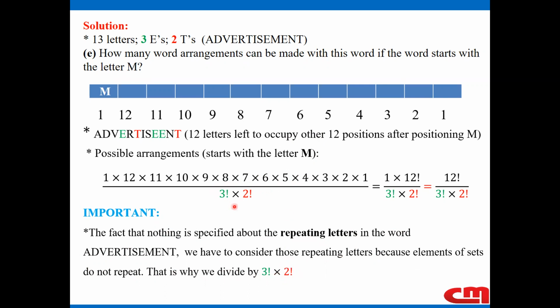I think I've already explained. This is all what it means. Unless something was said to do with the repeating letters in the word advertisement, but nothing was said. So the normal thing to do is when you arrange it, you have to consider the repeating letters. If you didn't have repeating letters, then it was simply going to be the multiplication of that and you are done.